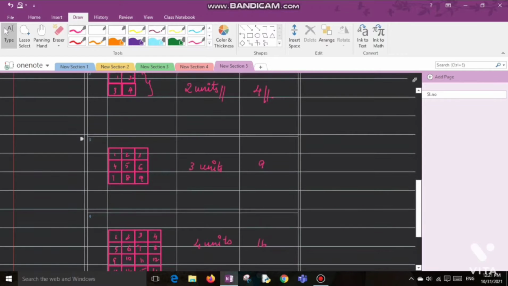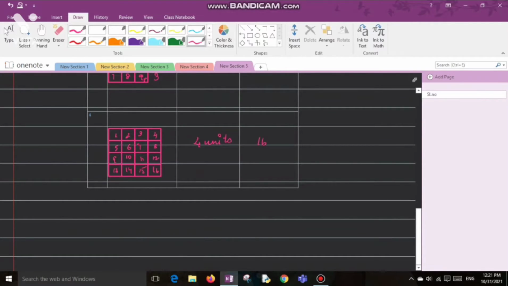The third figure, 3 units because 3 unit squares, so the length is 3 units and 9 unit squares are used.